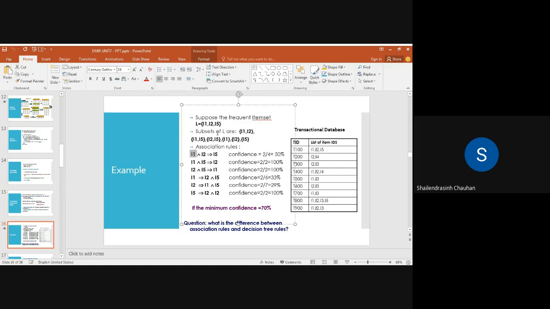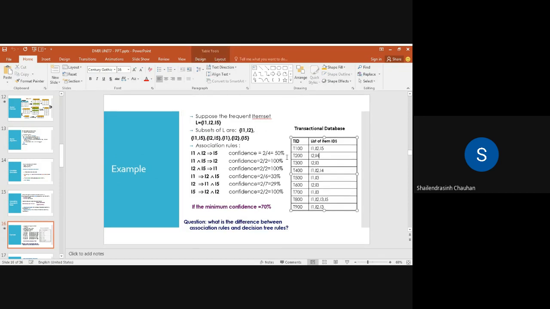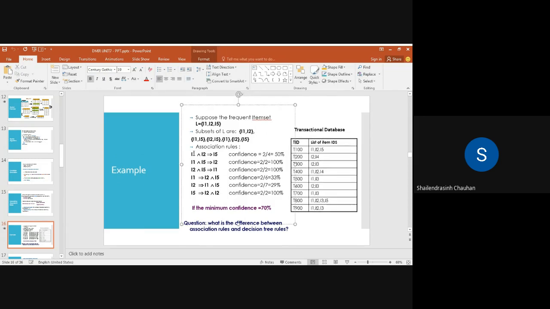Now just understand this confidence that we are getting. So this is a transaction table. Now observe this table. Here you are having I1, I2 both, given I5 only. That means whenever a customer is purchasing items I1, I2 both together, how confident are you that the customer will also go with item I5?